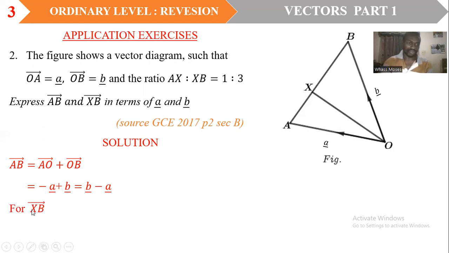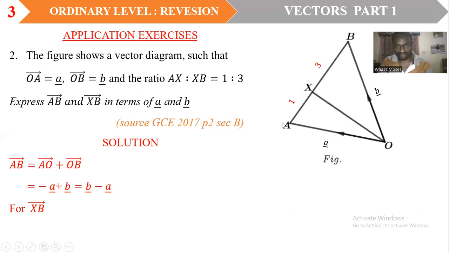Secondly, for XB, to express XB, we bring this ratio and apply it in the diagram. We are told that the ratio AX is to XB is 1:3, which means that AX takes the proportion 1 and XB takes the proportion 3.